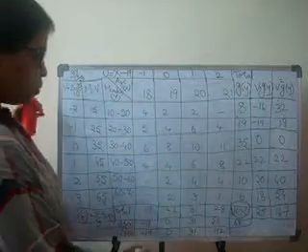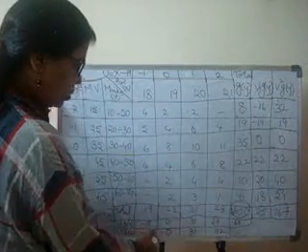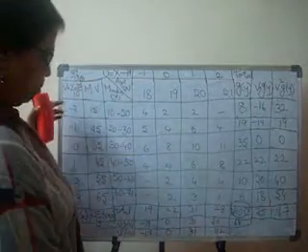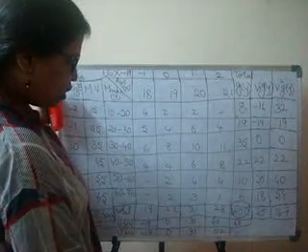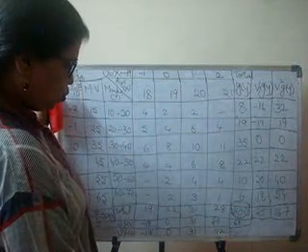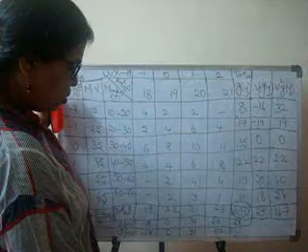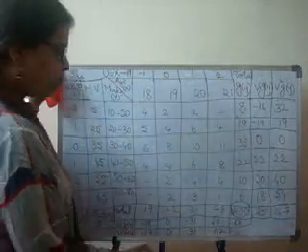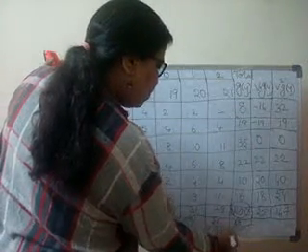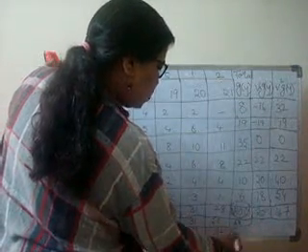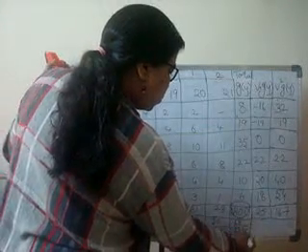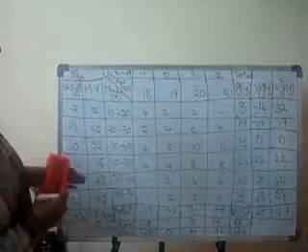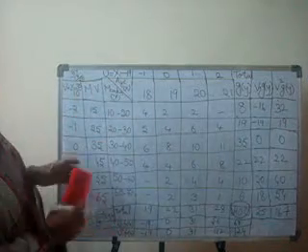Now adding up this, what? 31 minus 9. 30 minus 19, 11 minus 8, 2, 12. 124. Now these are the values we got.